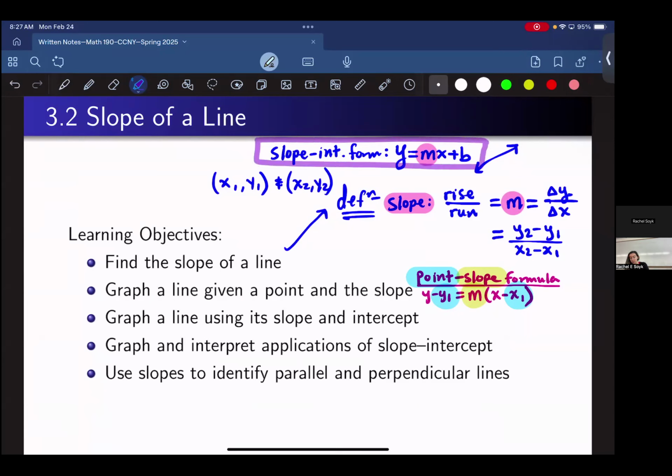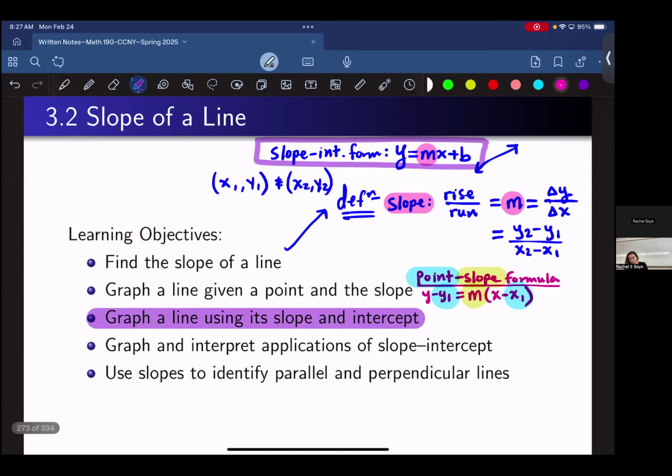And why is it called our slope-intercept form? Well, once again, we have our slope. And then we have our y-intercept, which is our b value.